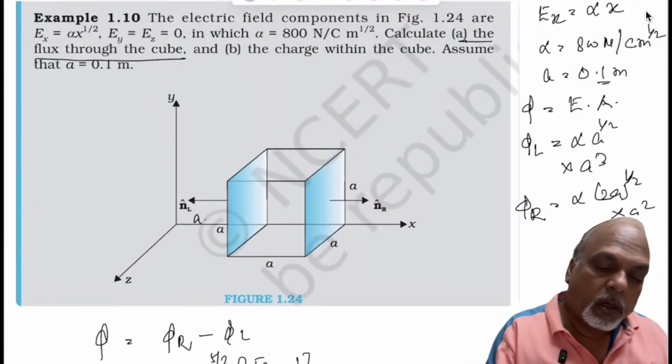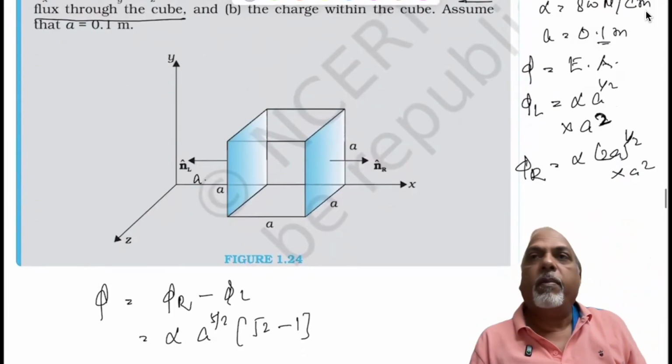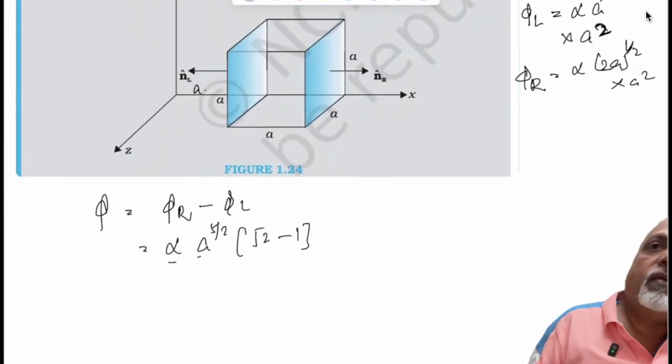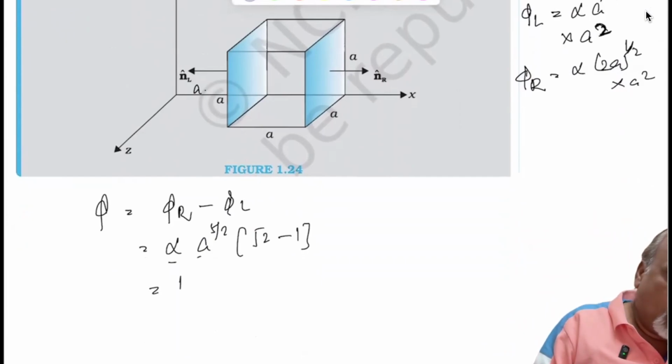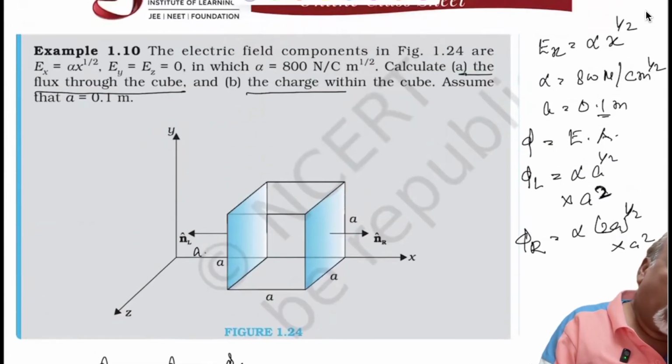This is your root 2. It will become 5 by 2. So all these things you can find out. This will come as 1.05 Newton meter square upon Coulomb. Another part is also there, the charge within the cube.